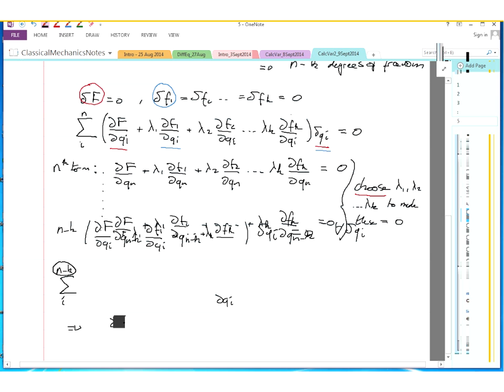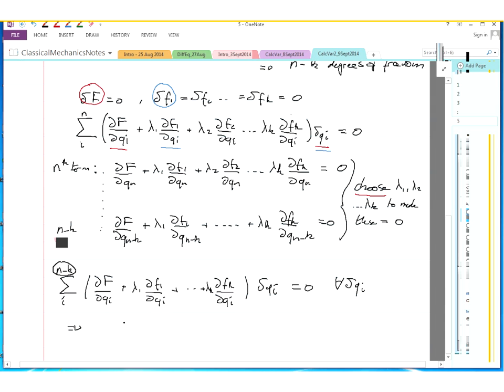And so what we find is that ∂f/∂q_i plus lambda 1 ∂f1/∂q_i plus etc. plus lambda k ∂fk/∂q_i is equal to 0 for i equals 1 to n minus k.